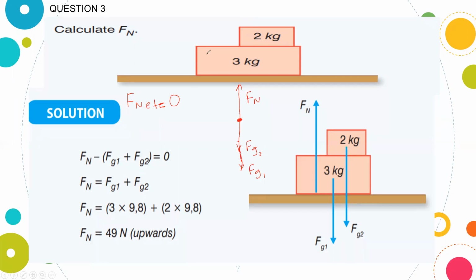So this is our equation. And from now, what can we do, people? Just all together going other side. And F normal equals Fg1 plus Fg2. F normal equals 3 times 9.8 plus 2 times 9.8, and then getting 49 newtons up. This is our normal force, calculating normal force.